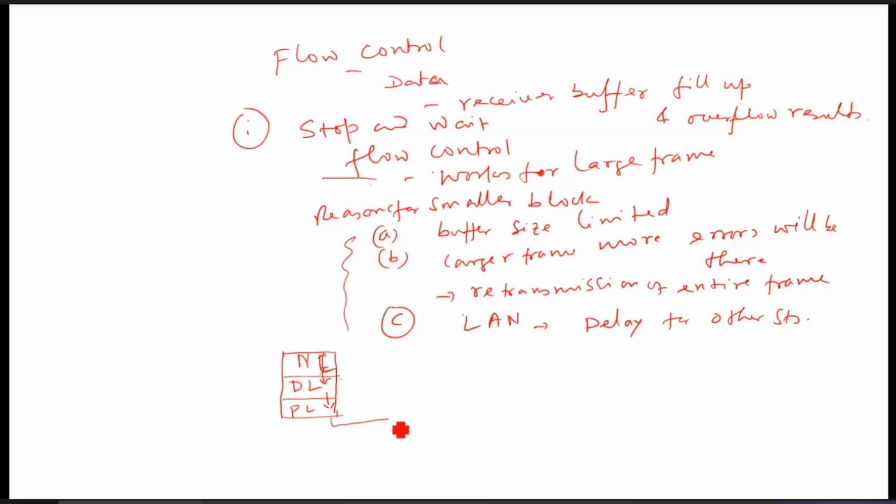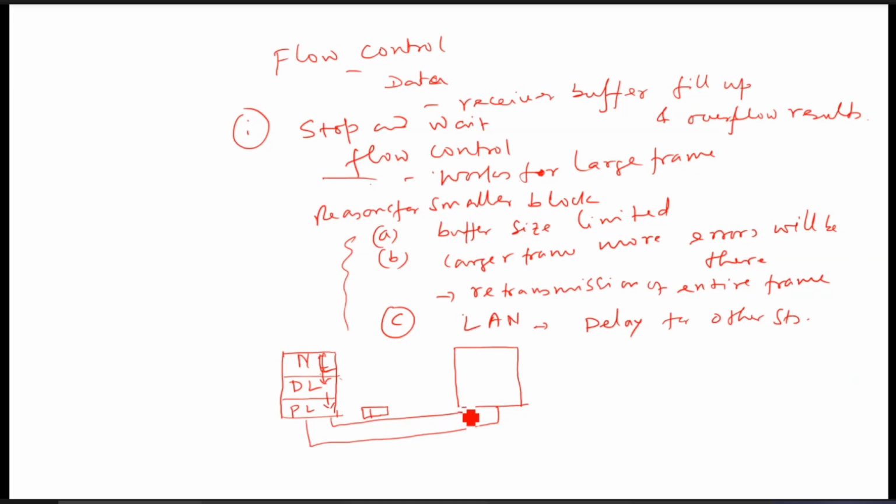So you see it here. There can be networks in between. On the other side, the same thing will be there, with physical interfacing. Say the frames are being transmitted. In the frames there can be data and some control functions.